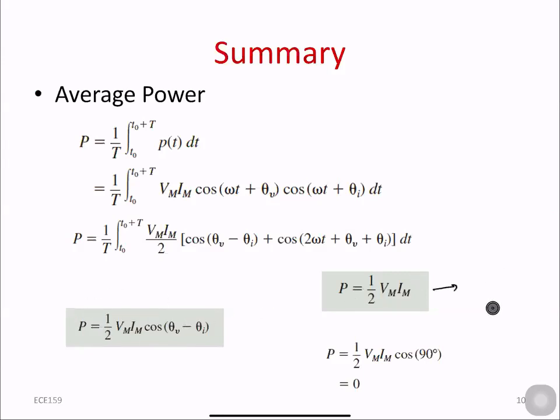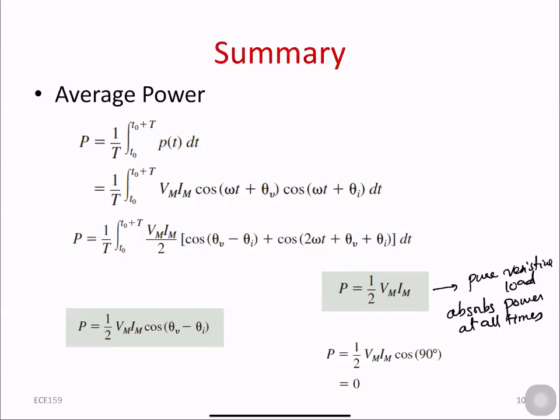The first part is for the pure resistive load, which means that it absorbs power at all times, positive power.